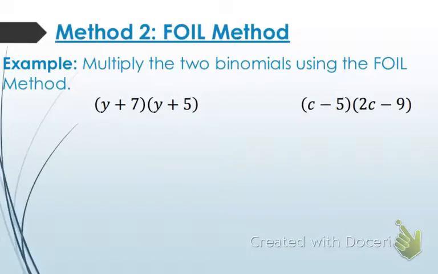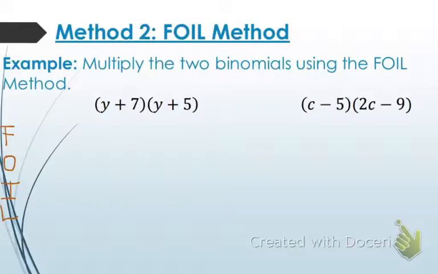Second method, the FOIL method. This is a very, very popular method, and you're probably wondering, well, what is FOIL? Okay, FOIL is the process in which we multiply these two binomials. Each of these letters represents something.